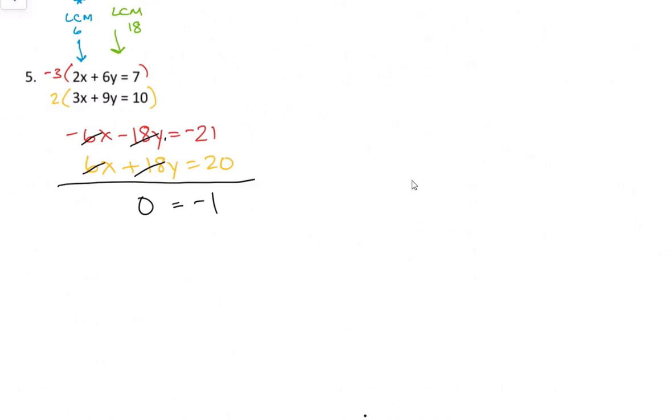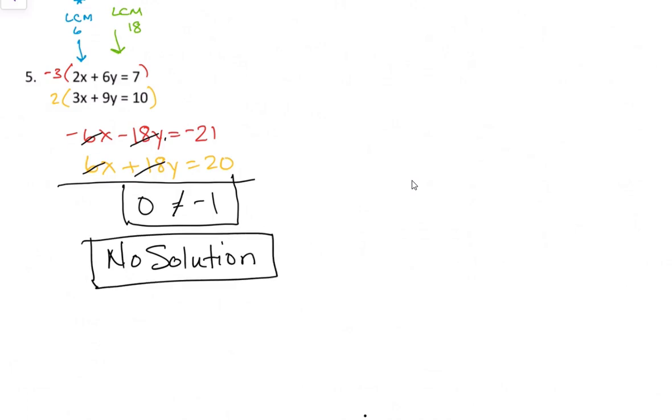So it's this statement that tells you whether it's infinite solution or no solution. And when you look at this statement right here, this is a false statement. 0 does not equal -1. And when that statement is false, that's telling you that this system has no solution.